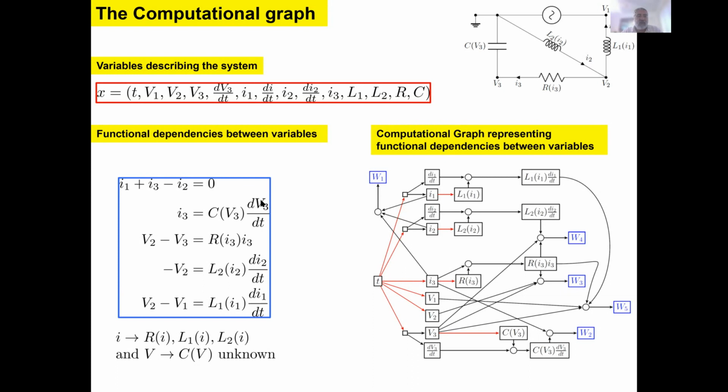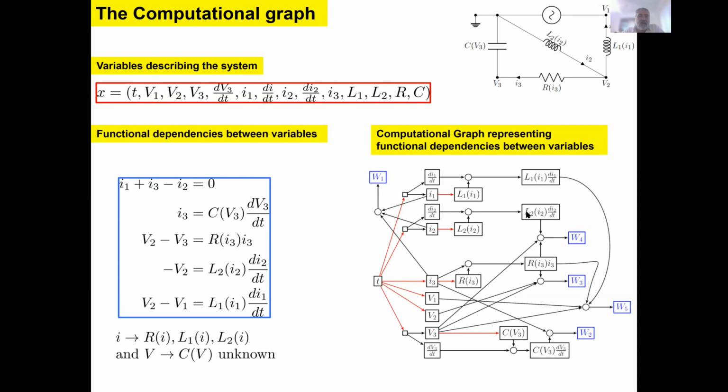Now, we can represent these functional dependencies between variables as a graph where nodes represent variables and directed edges represent functions, with unknown functions colored in red and known functions colored in black.